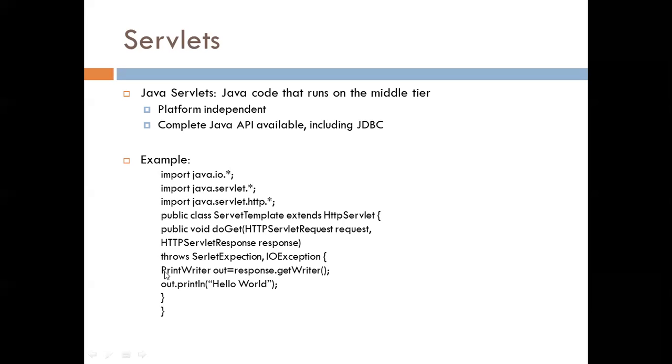Then in order to write the output, we must have an object that is a PrintWriter. PrintWriter is a class defined in order to write data into a response. So what we'll do is: PrintWriter out = response.getWriter(). Response.getWriter is nothing but getting a handle for the response object.